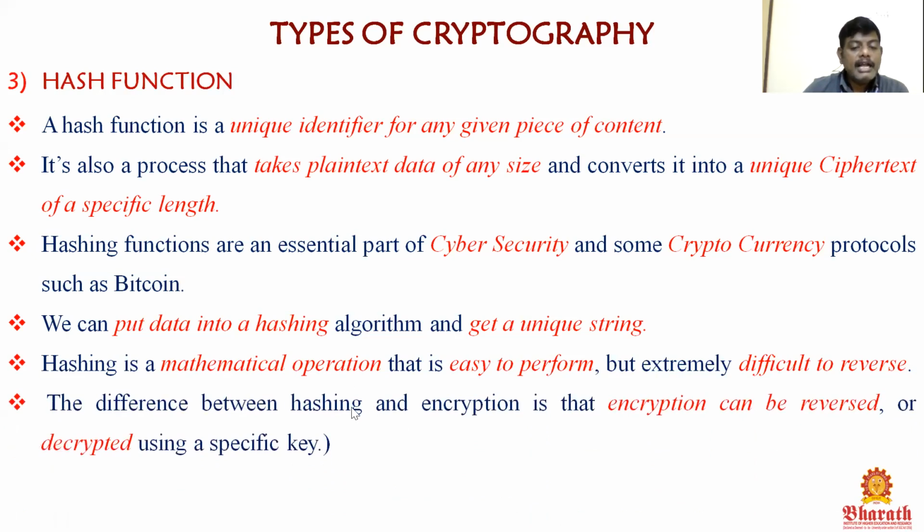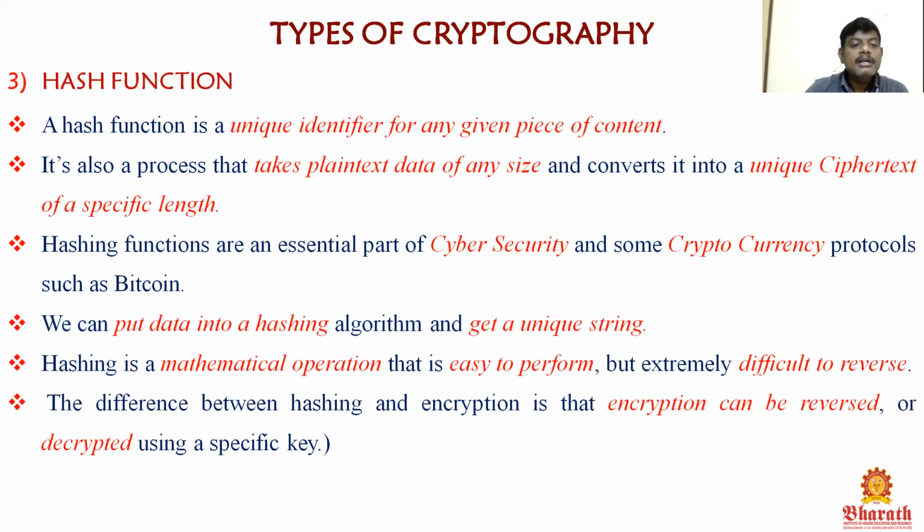The difference between hashing and encryption is that encryption can be reversed or decrypted using a specific key. With the help of a specific key, we can decrypt in secret key cryptography or public key cryptography. But here we are not using any kind of keys.